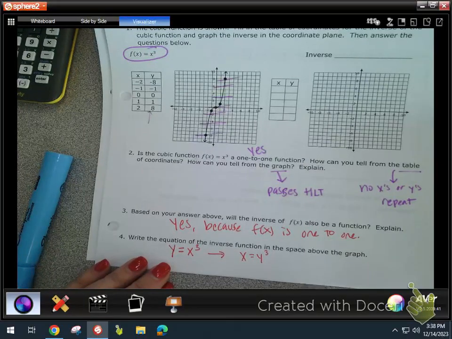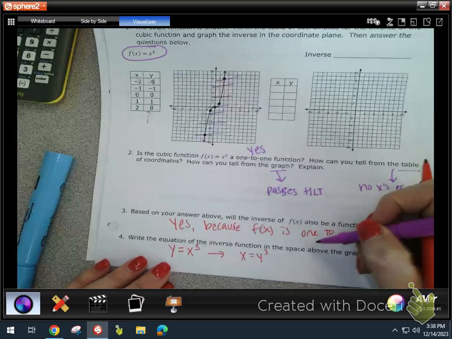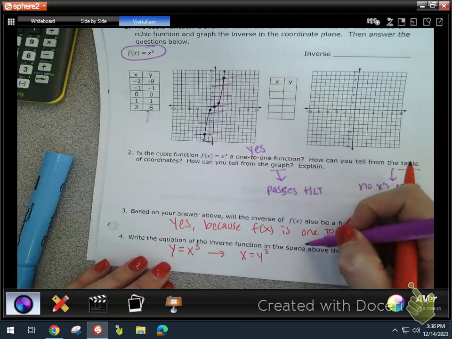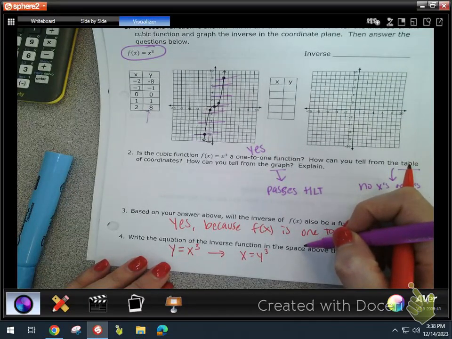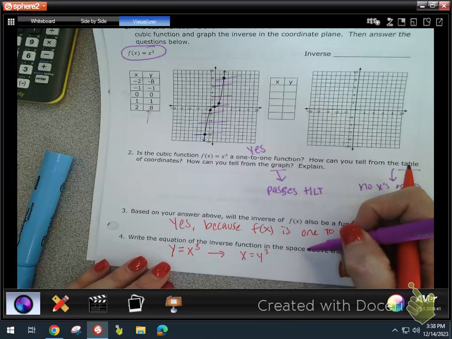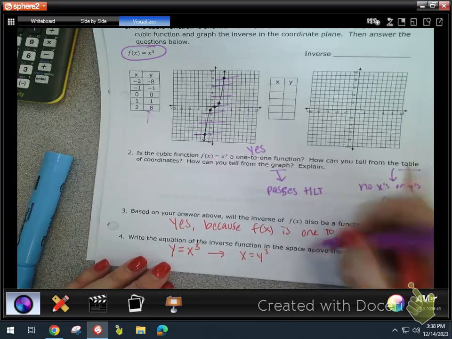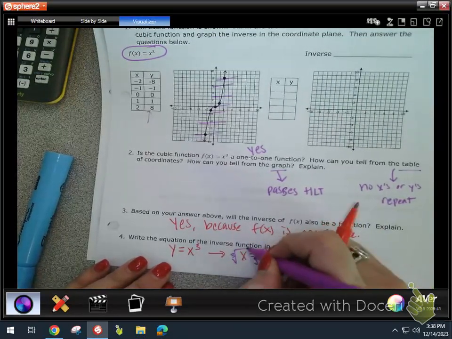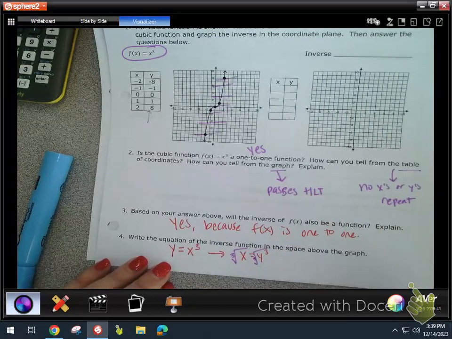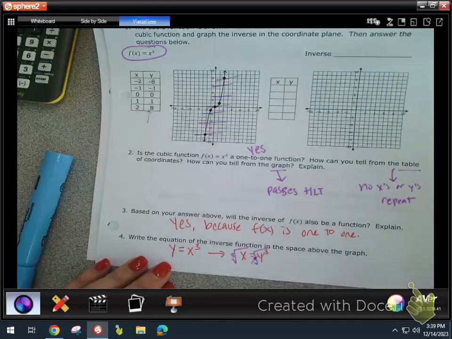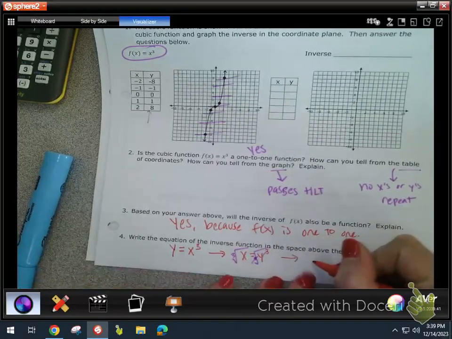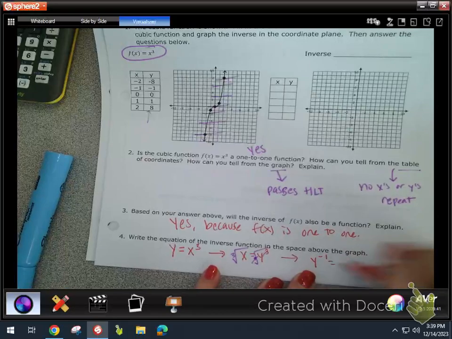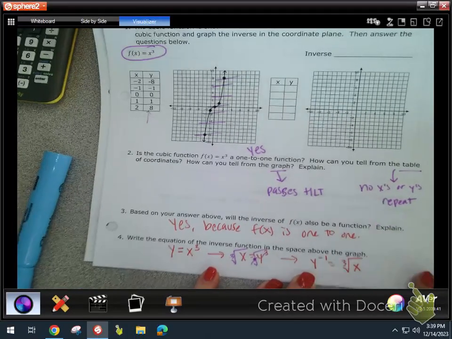So how do I undo something being raised to the third? You can't divide it. Cube root, okay? Instead of a square root, you're taking a little cube root like that. And so that undoes that exponent, and that will leave me with y inverse equals cube root x.